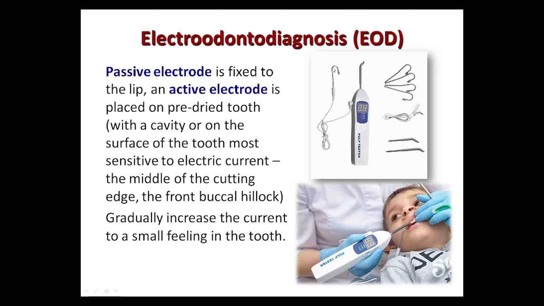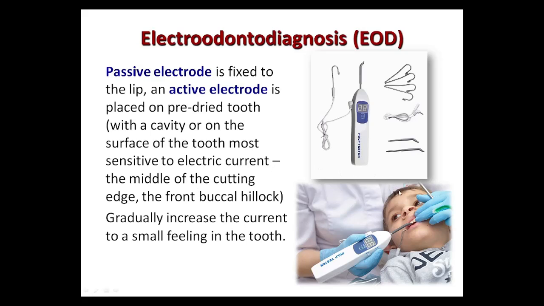This is like a hook, the passive electrode, which is fixed to the lips, and another one, the active electrode, is placed on a pre-dried tooth, like this. This is the passive hook on lips, and this is the active on the tooth.